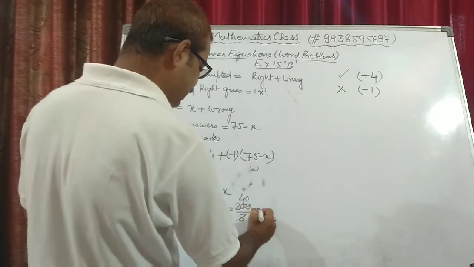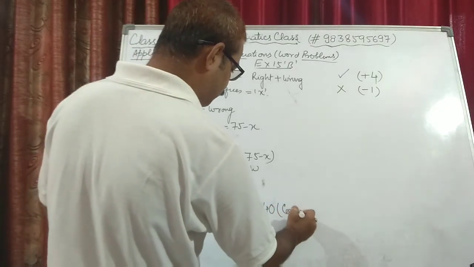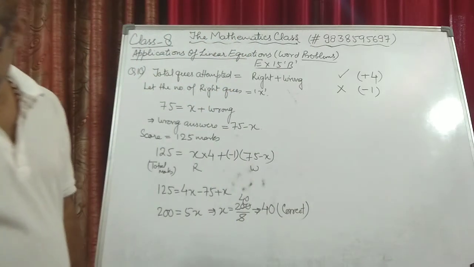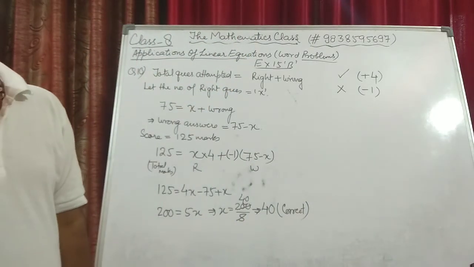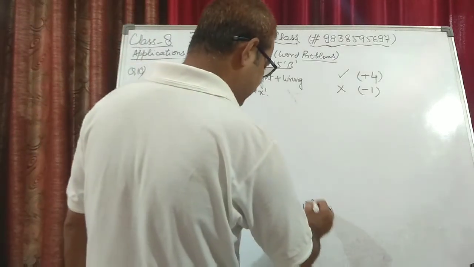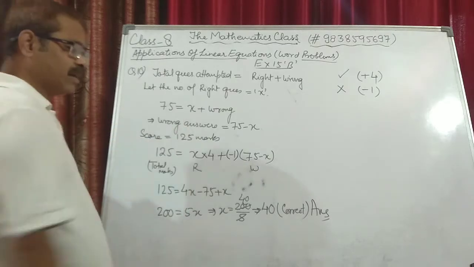It means he attempted 40 questions correct, or the answer for 40 questions was given right. And in this you have to find out the number of questions attempted correctly. So he attempted 40 questions that have been marked right.